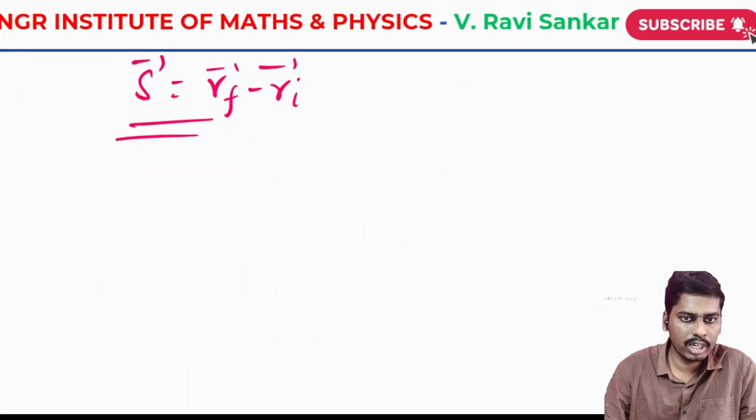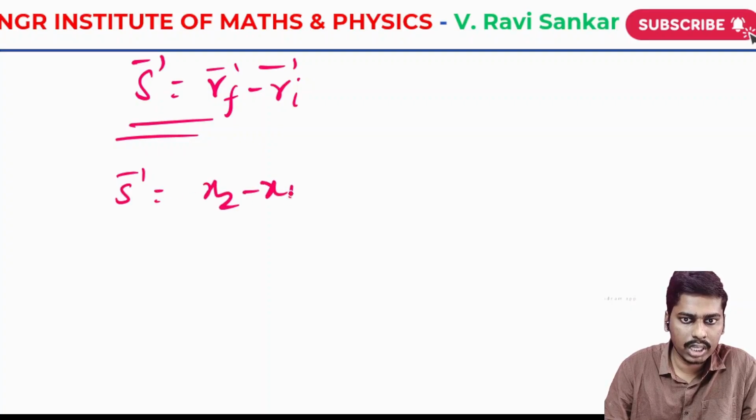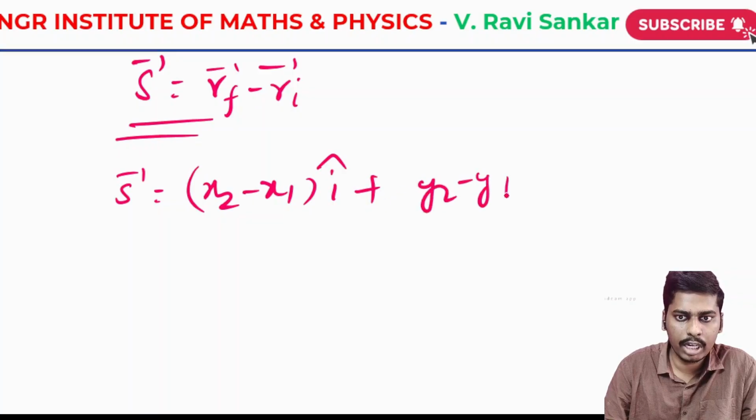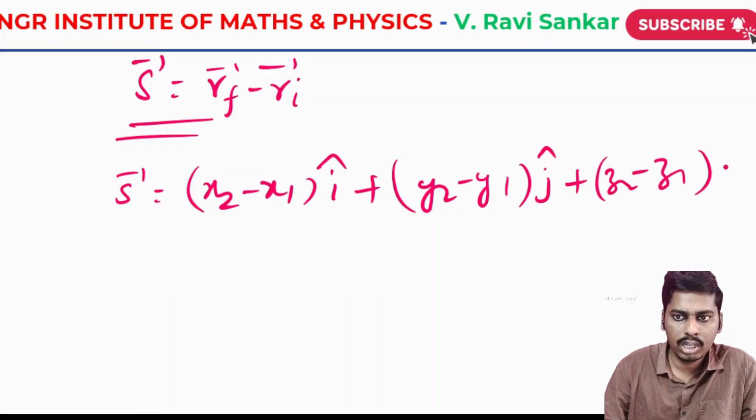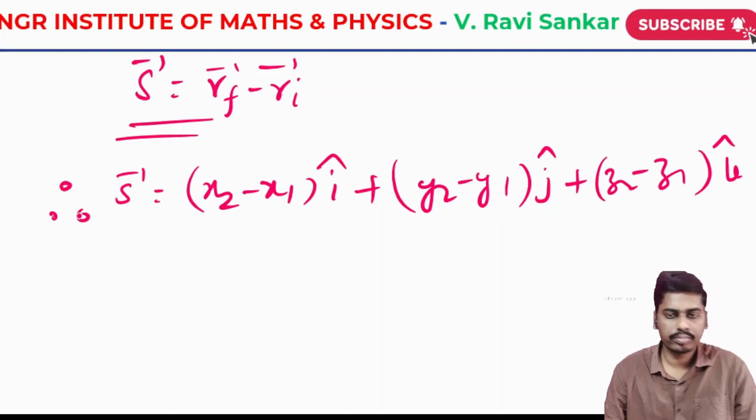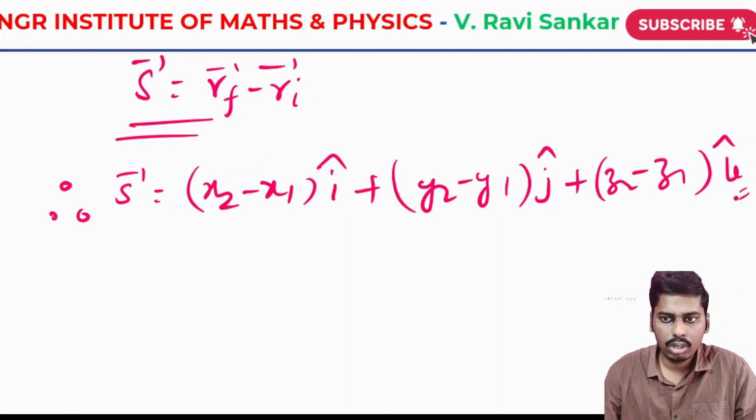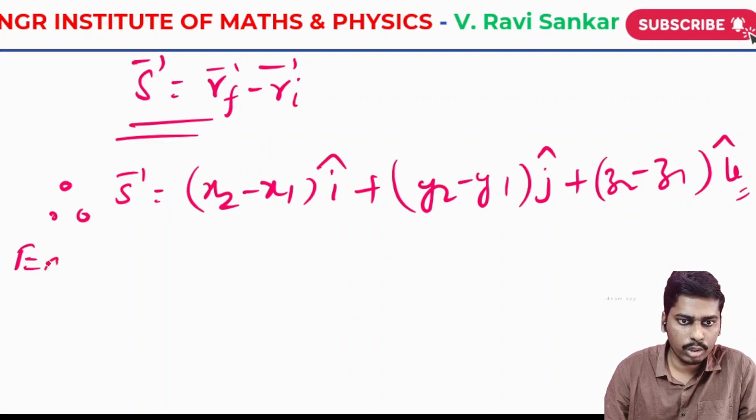Then the displacement can be written as displacement equal to x2 minus x1 i cap plus y2 minus y1 j cap plus z2 minus z1 k cap. Okay, that is the displacement vector. That's all. Let us take some examples and understand through examples.